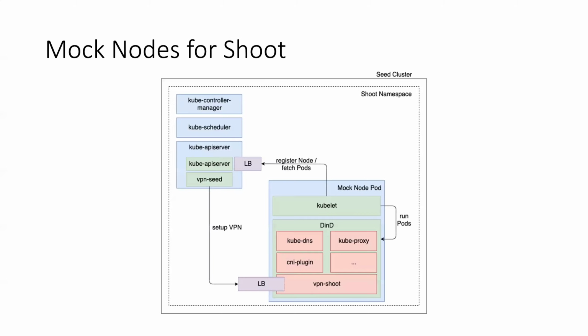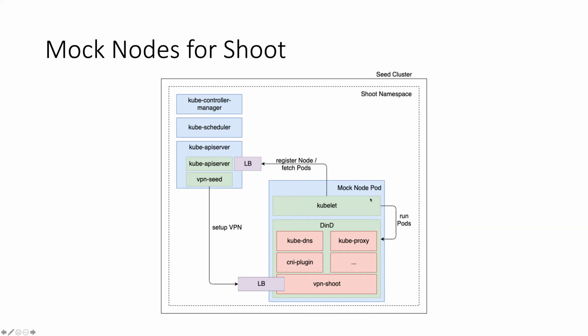So this is what I came up with. I wanted to run a pod on the seed cluster next to the shoot's control plane, which we see here, and run basically a whole node, a virtual node, in this pod. Normally the kubelet would register at the Kube API server via its load balancer and fetch the pods from there.